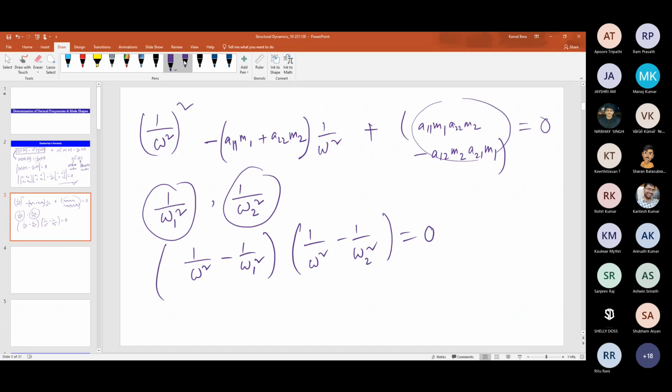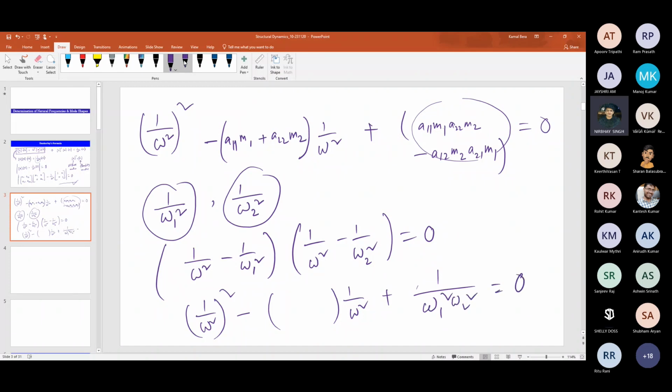Agree? All agree with me? Now just write it in the expanded form. So what I'll get is (1 by omega square) whole square, and tell me what coefficient you are getting for 1 by omega square here, and what are the other terms. The other terms I can easily see from here: 1 by omega 1 square plus 1 by omega 2 square.